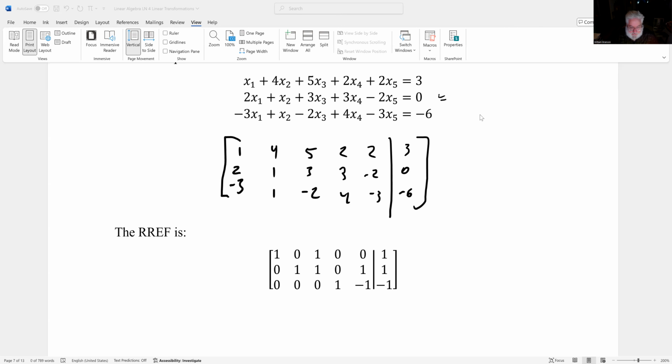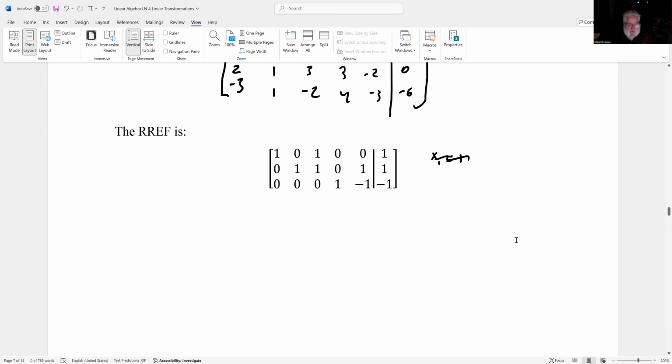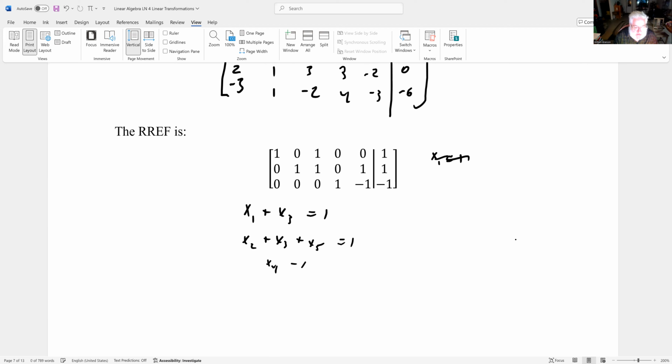So we turn these into solutions. The equations become x1 plus x3 equals 1, x2 plus x3 plus x5 equals 1, and x4 minus x5 equals minus 1. Right?